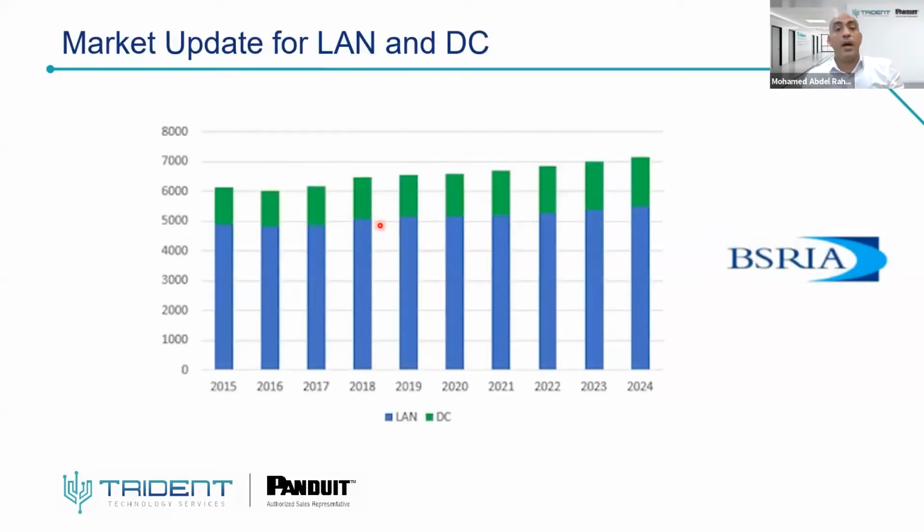Also, for the market for the data center and the comparison with the LAN, as we said, the impact of the pandemic in 2020 varies depending on several factors from each company: the level of restrictions, the government management of the pandemic, and the length of the lockdown in 2020. But for the data center, as you can see here, this is the updated research that in 2020 the data center segment performed better than the LAN.